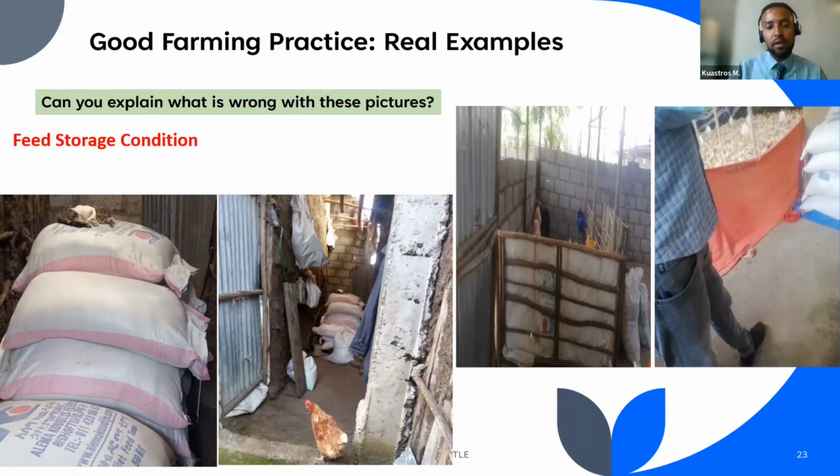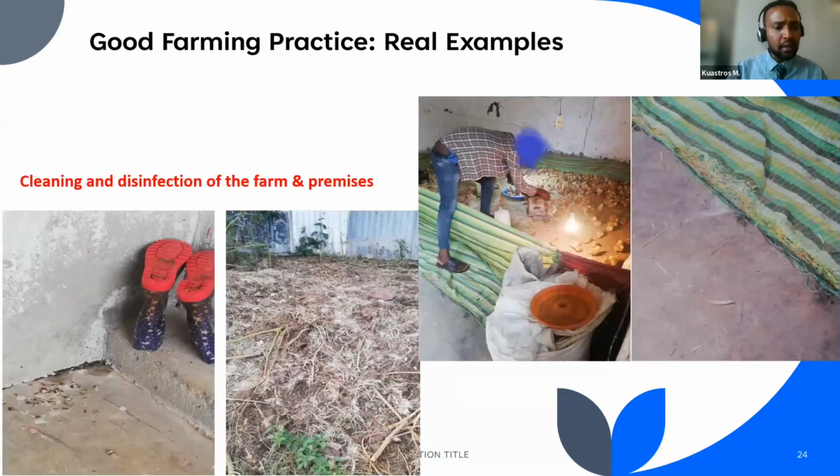Again, you can see cleaning and disinfection of farm and premise, because cleaning of the premise is also important. Cleaning of the farm compound is very important. You can see this guy is using his casual clothes to feed the chickens. And you know, the farm compound is also not clean.